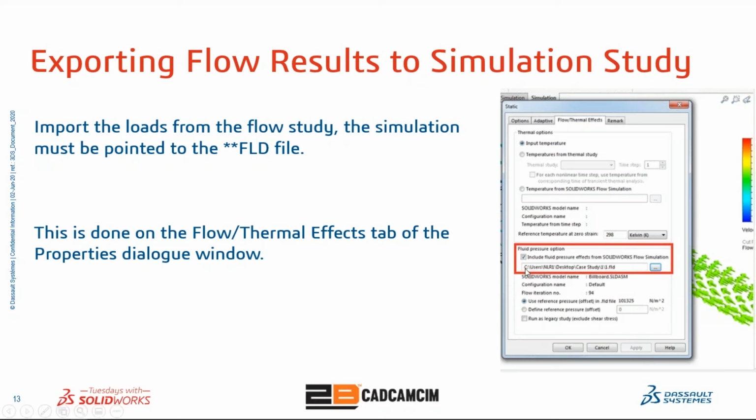This is where, in a static simulation study, you will call for the one.fld file that you just saved from the flow simulation study. This is done by a feature called flow thermal effects in the SolidWorks simulation tool.